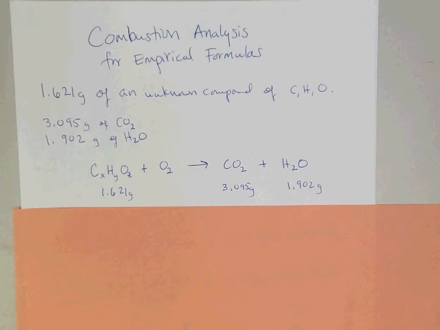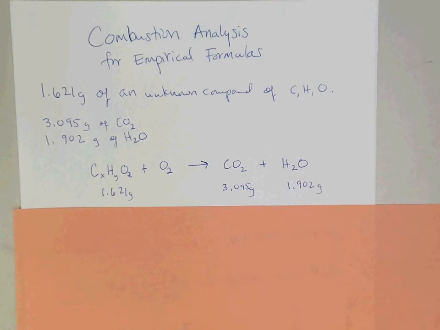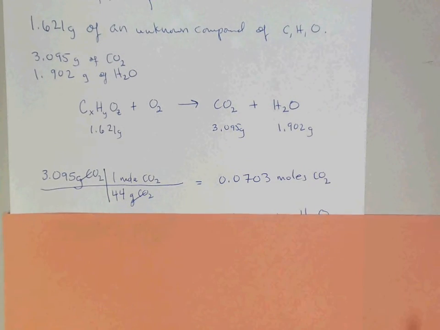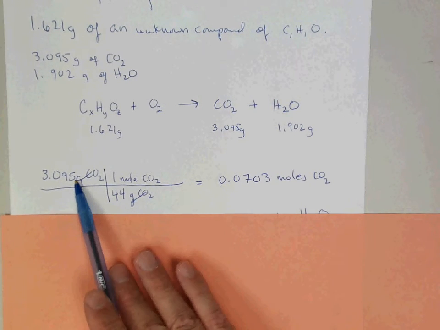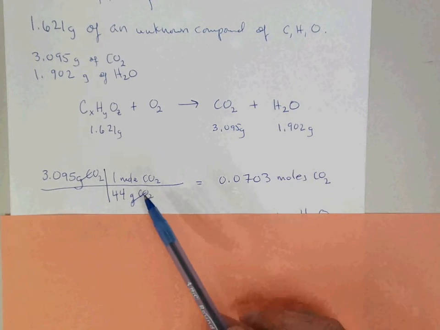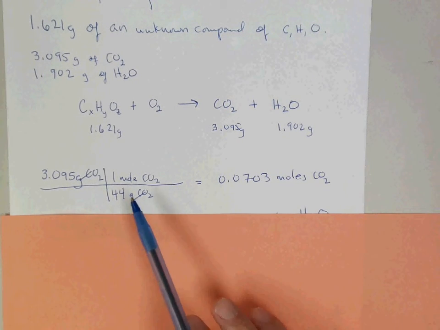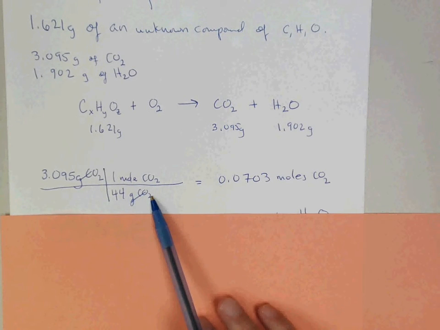Now our first step is to convert the carbon dioxide and the water to moles. So how do we go about doing that? We start with 3.095 grams of carbon dioxide, and then I'm going to use the molar mass of carbon dioxide. Now I got the 44 because there's 12 grams of carbon in a mole, and there are 16 grams of oxygen in a mole.